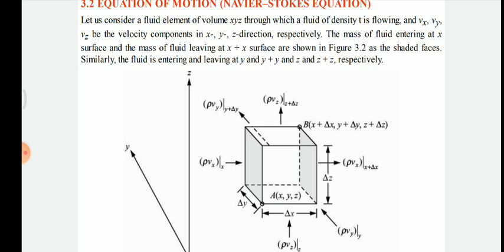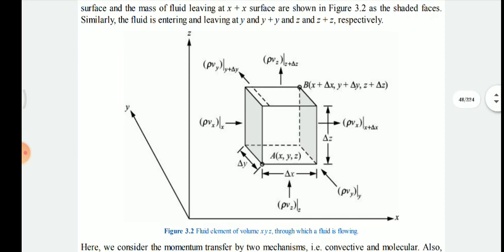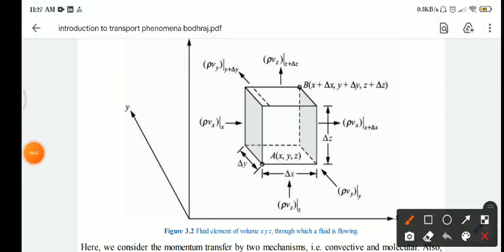The mass of the fluid is entering at the x surface, and the mass of the fluid leaving is at x plus delta x, as shown in the figure. So we can see the Cartesian coordinates in the x, y, and z direction, with fluid particles flowing, in which density is rho.